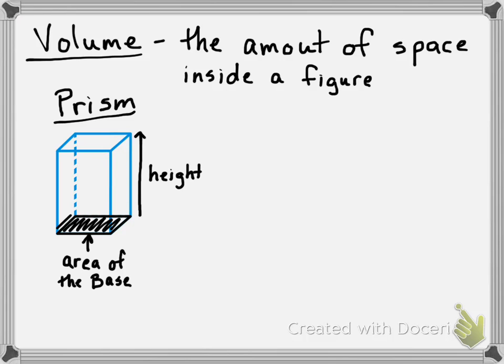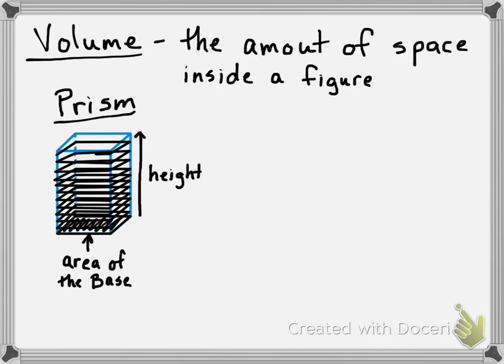So we're just stacking it. There's another one, there's another base, there's another base. Now, of course, there wouldn't be any space in between these, but I can't really draw them that way, so I put a little space. But I'm just stacking base on top of base on top of base until it's the same height as the prism. And then when I get to the top, I have my prism.